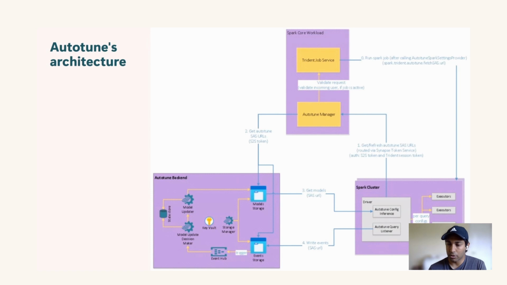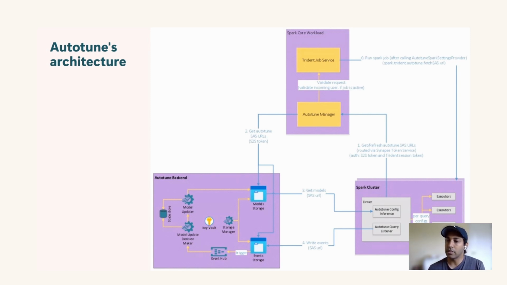The interaction between the Spark cluster and the Spark core workload is that we need to get SAS URLs to the storage accounts. We want to make sure that these SAS URLs are secure, and at the same time, that we have privacy compliance. To address the security, these SAS URLs are scoped down to a particular job and a particular artifact, and the Autotune manager inside the Spark core workload is responsible for ensuring this.